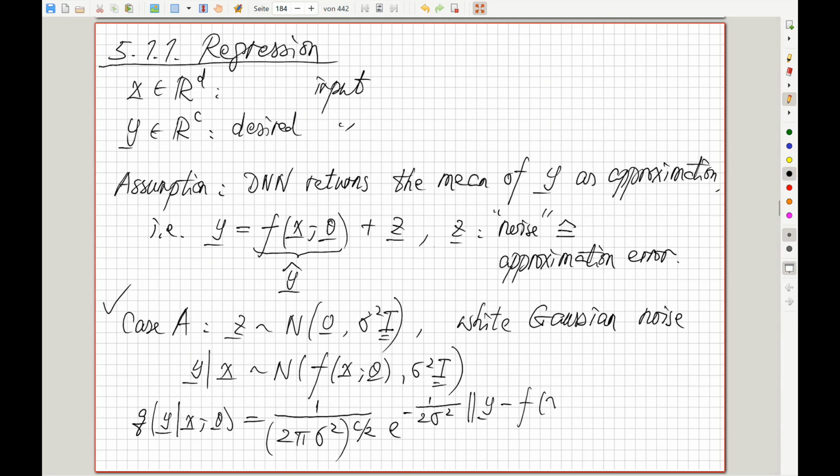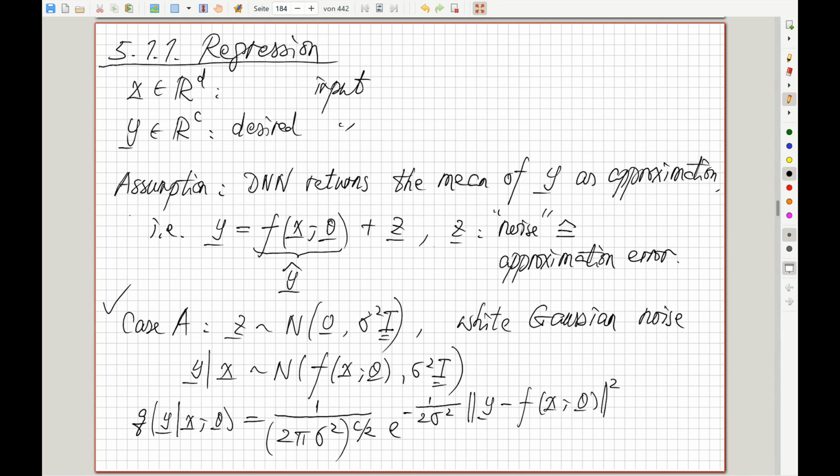The mean vector is given by the output of our neural network, squared Euclidean length. Under the assumption that the output of a neural network represents the mean of the desired output, and under the assumption that the approximation error Z is Gaussian distributed, then we have the following likelihood. Then we can easily calculate the negative log likelihood.